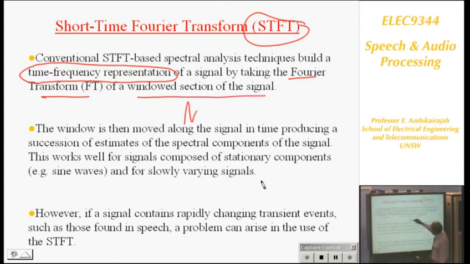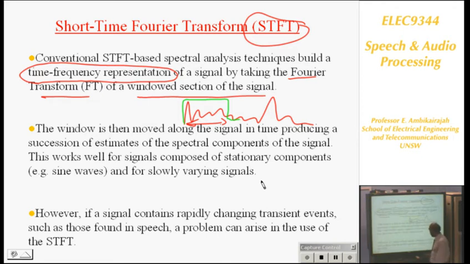Because you have a signal varying in time, we take a Fourier transform of a small window section. In the case of a speech signal, because the vocal tract parameters change every 20 milliseconds, our window size is normally around 20 or 15 milliseconds. So you take a Fourier transform at every 15 milliseconds and generate a pattern.